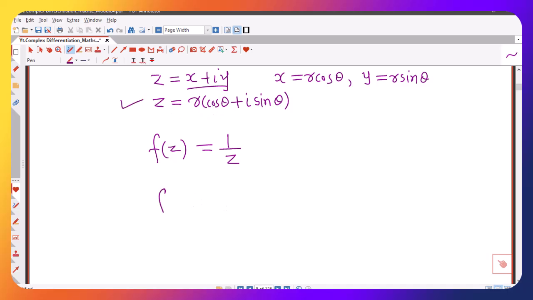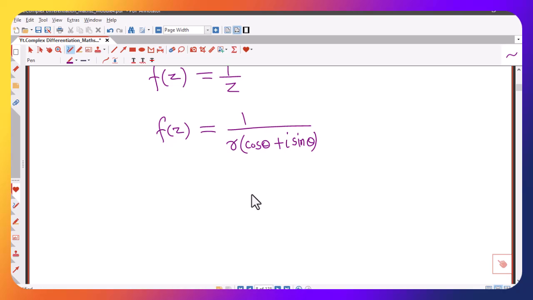So sometimes we will use this polar form of complex variable to write down our function in that form. Suppose I consider z equal to r into cos theta plus i sin theta here, then I will obtain 1 divided by r into cos theta plus i sin theta.